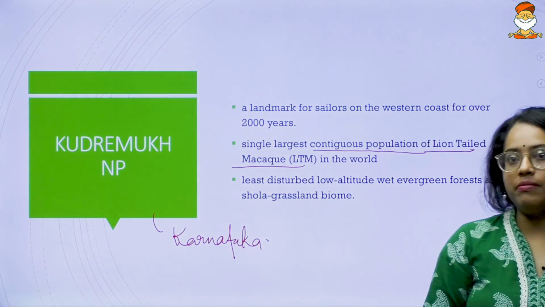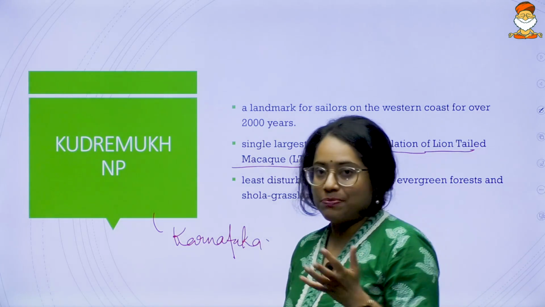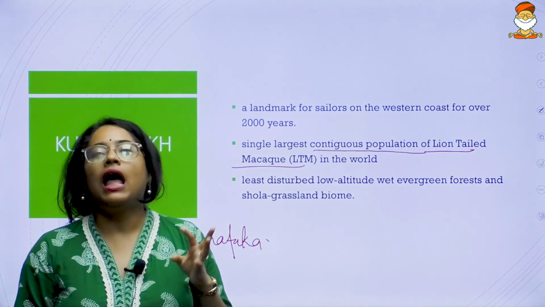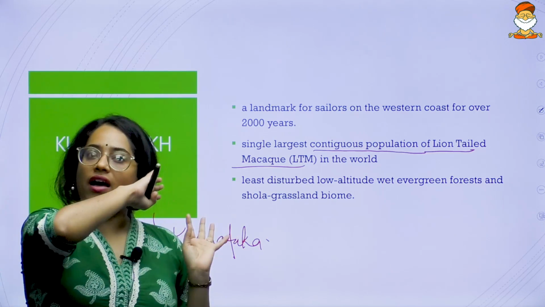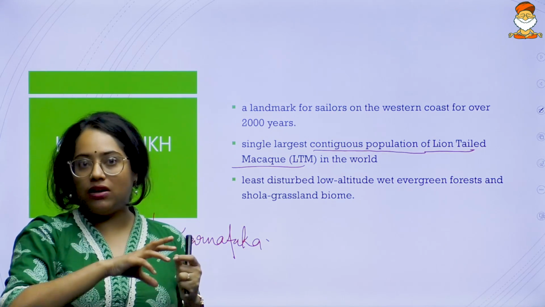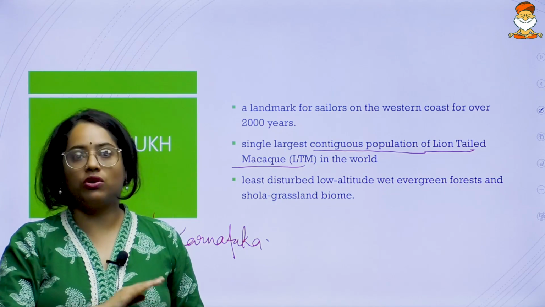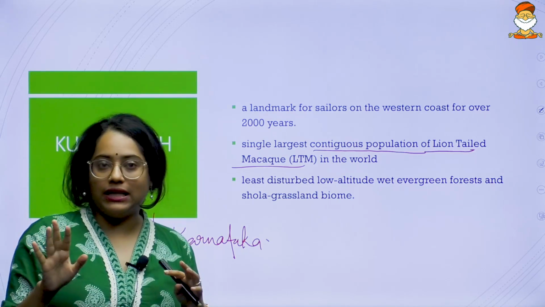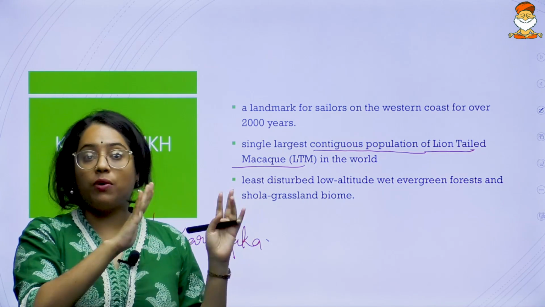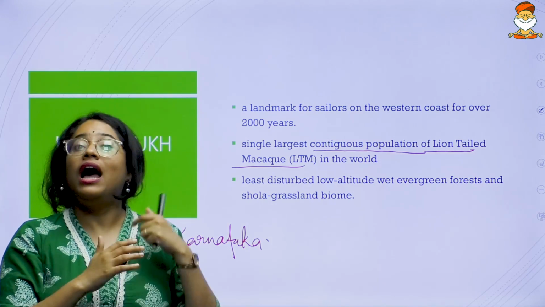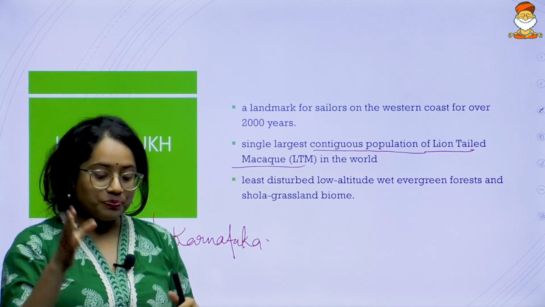The lion-tailed macaque is a monkey species, and largest contiguous population means they are not sparsely located. Throughout Kudremukh National Park you have the lion-tailed macaque, and it's the largest continuous such population, and that is why it was in the news.